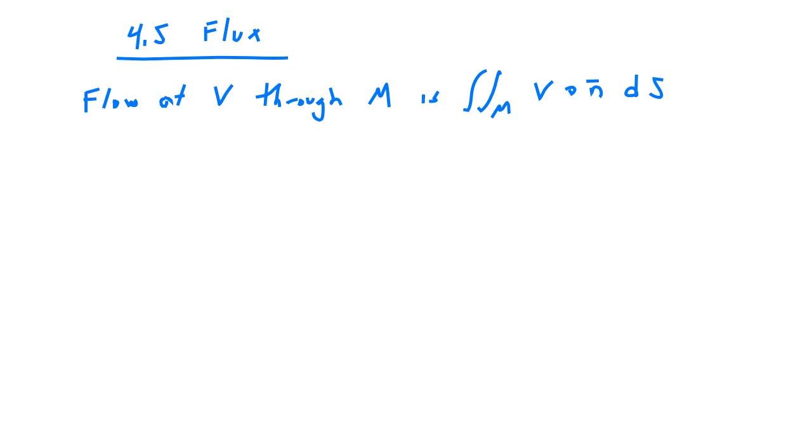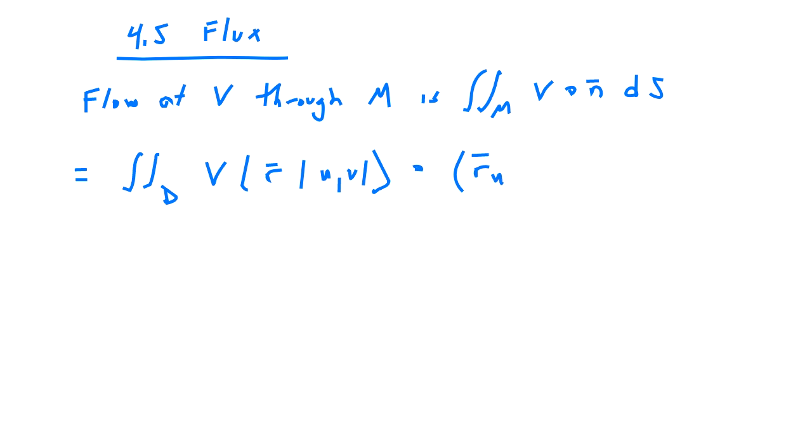And so we do something similar to the line integrals, which is we parameterize the surface M, which I'll write after I write the integral. In this case, since it's a two-dimensional surface, we need two variables. And then we take the dot product with the normal.